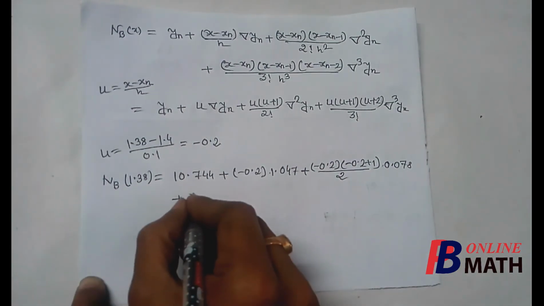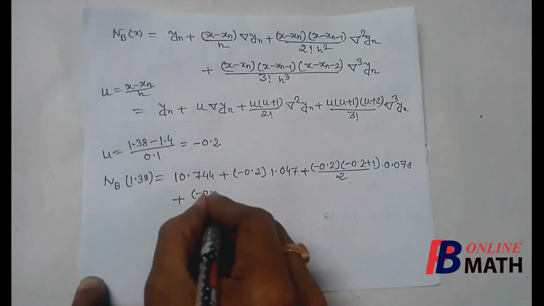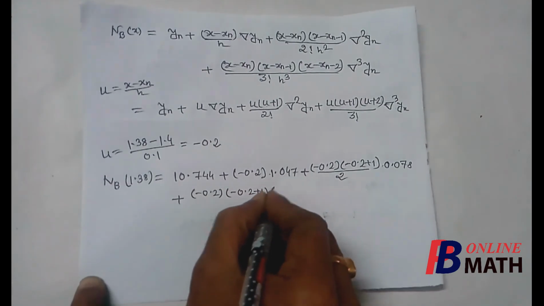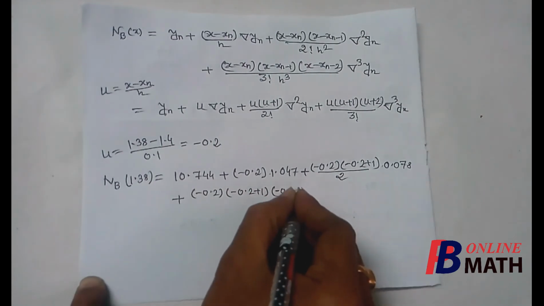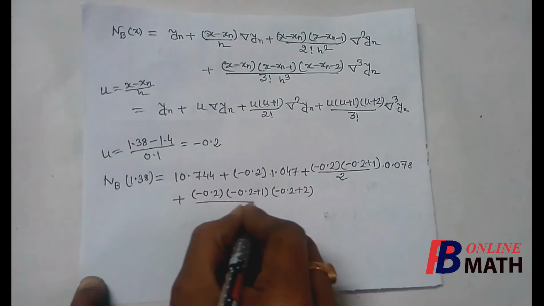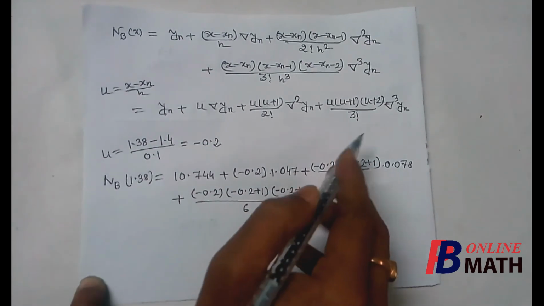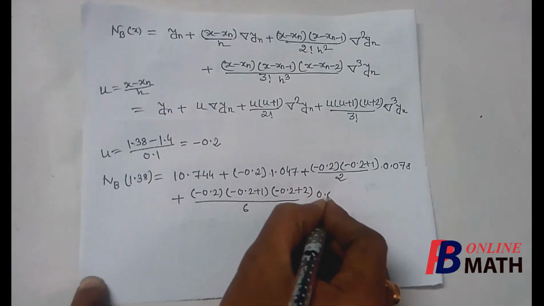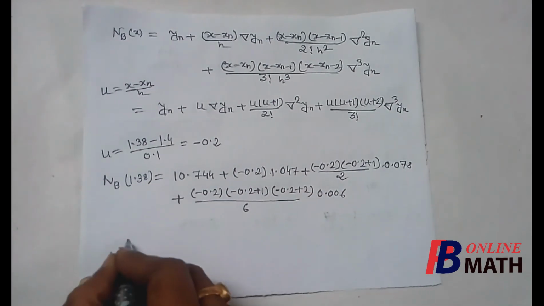And finally this term, u into u plus 1 into u plus 2, so minus 0.2 into minus 0.2 plus 1 into minus 0.2 plus 2, divided by 3 factorial, which is 6, and the third order backward difference of yn, which is 0.006.